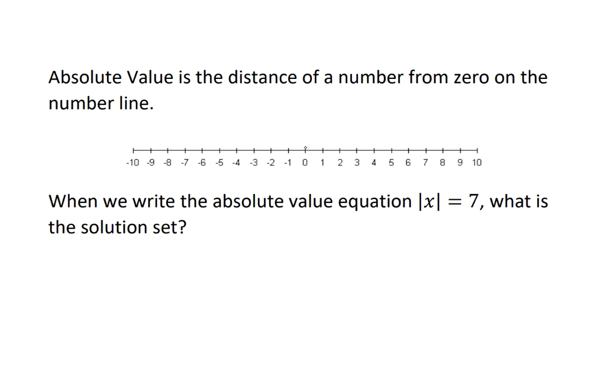If we start at 0, we could go to the right 1, 2, 3, 4, 5, 6, 7 spaces, and therefore x would have a value of 7, or 7 is the distance of 7 spaces from 0 on the number line.